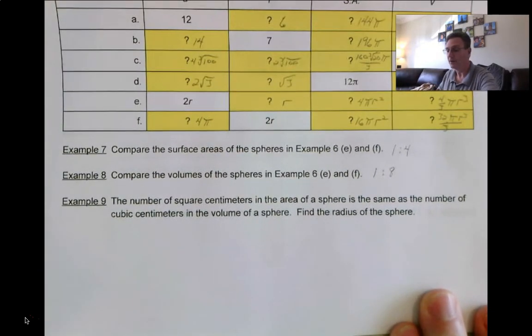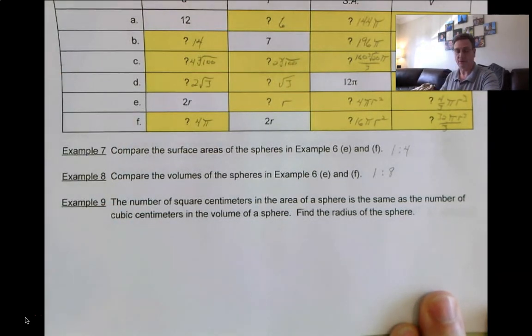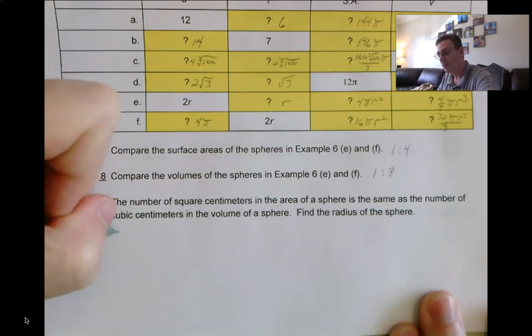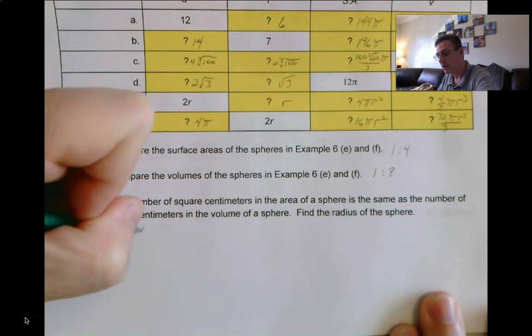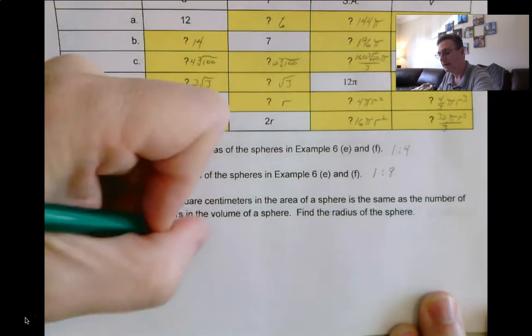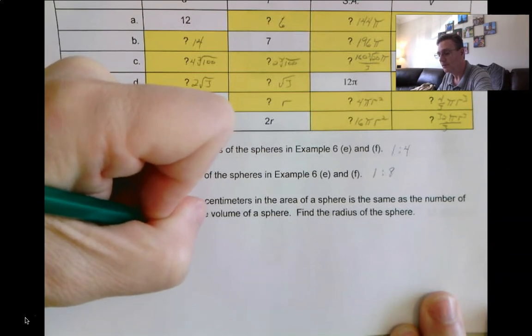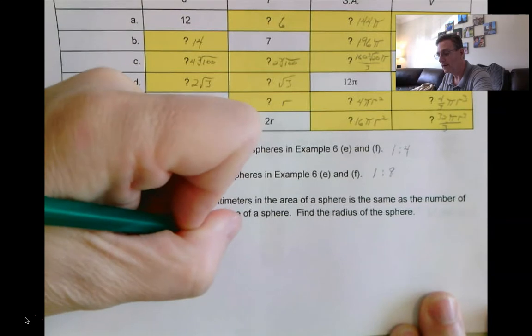The number of square centimeters in the area of a sphere is the same as the number of cubic centimeters in the volume of a sphere. Find the radius of the sphere. Okay, so what we're saying, not that the units are the same, because the units are not the same, but what we're saying is if one sphere has a volume of 4/3 pi r cubed, and that's equal to the surface area, which is 4 pi r squared.